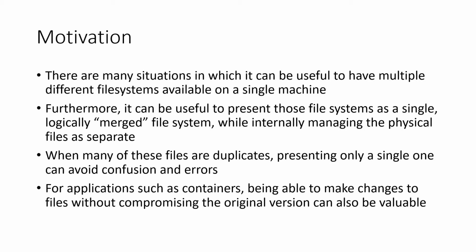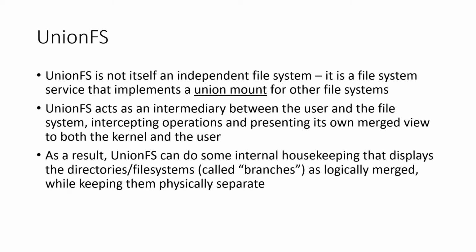But when you've got a lot that are duplicates, you'll only present a single version of that file to help keep things straight in the user's mind, and also use this file system to make changes to files when incrementally developing something without affecting the original files, so that you preserve those.